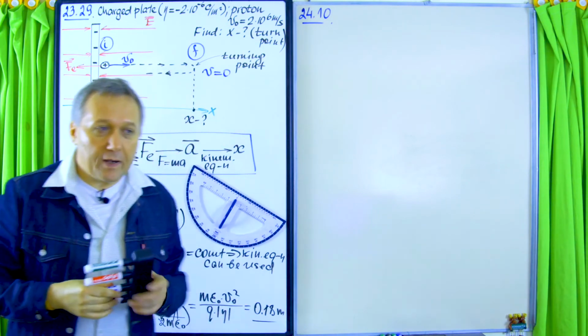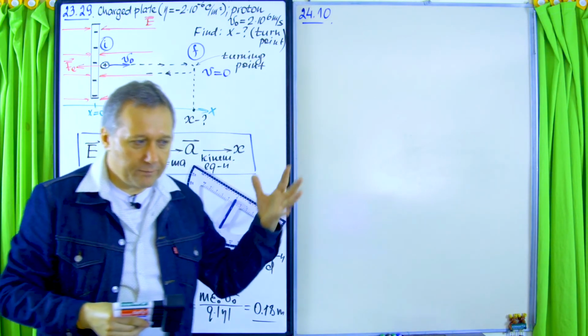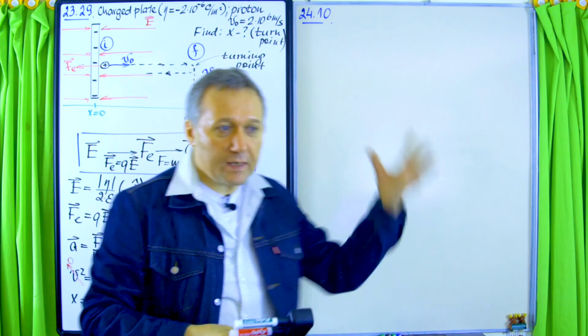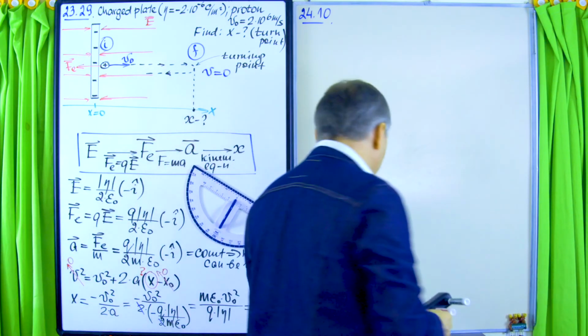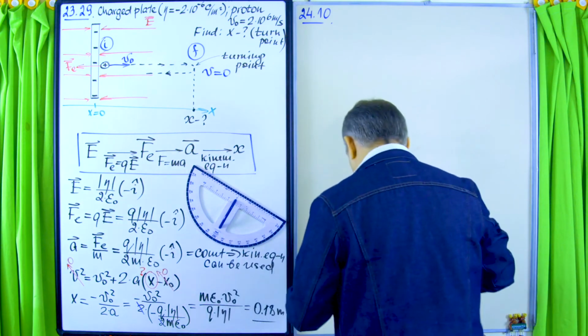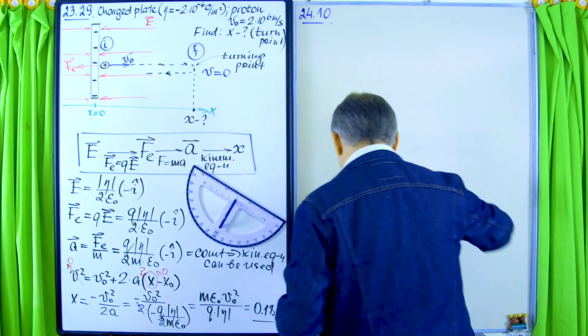Again, we will have to just find the electric flux. So again, if you want to find electric flux, there must be a surface, there must be an electric field. So let me draw the picture.